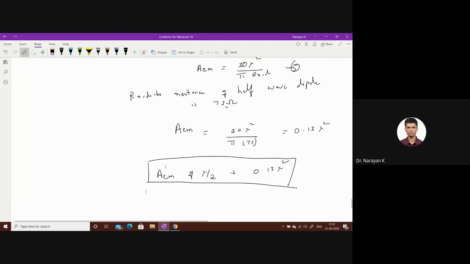Maximum effective aperture of a lambda by 2 dipole is 0.13 lambda square.